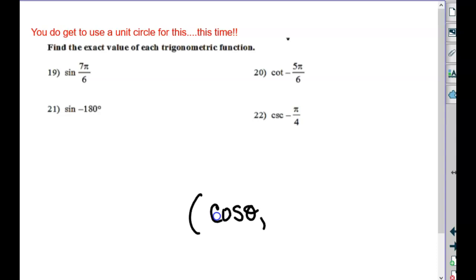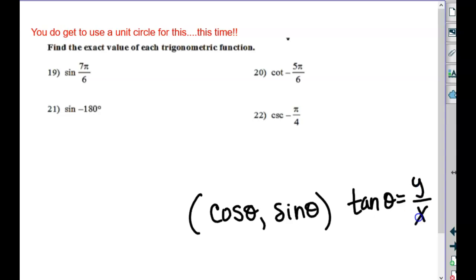The first one is cosine, the second one is the sine. As long as it's a unit circle, you don't have to worry about anything else because the radius is 1. And tangent is, yes, it's like slope, remember? Yep.